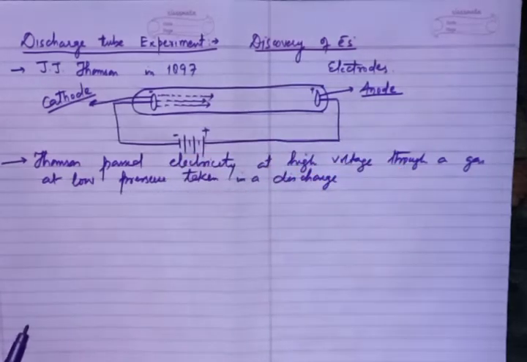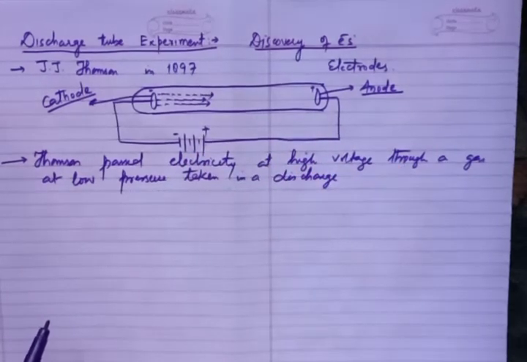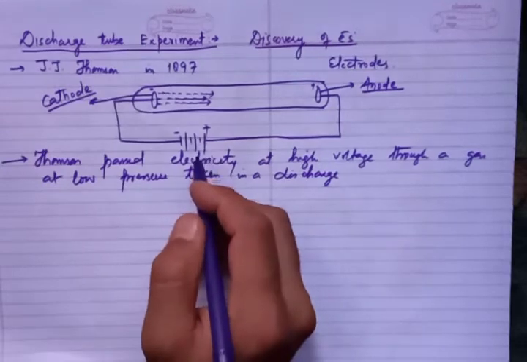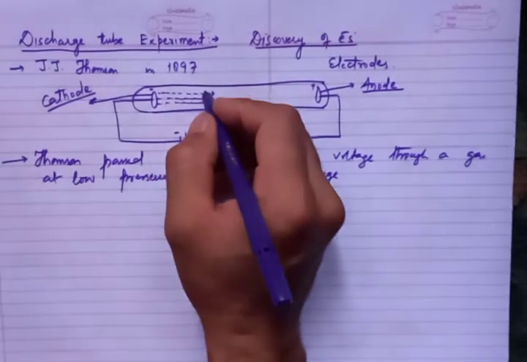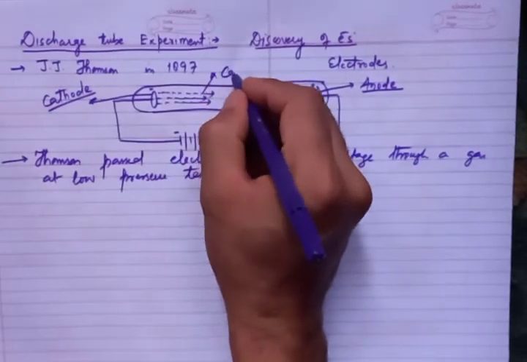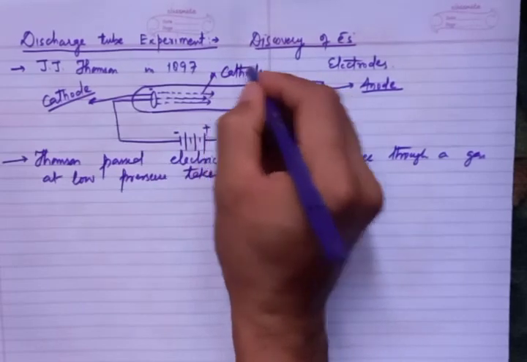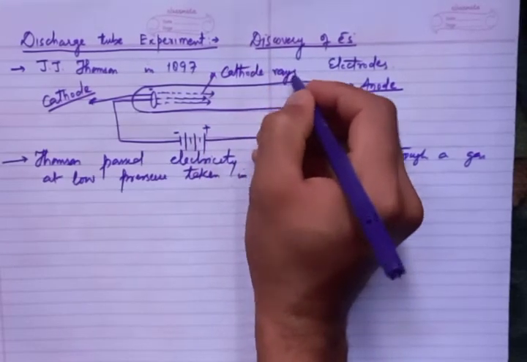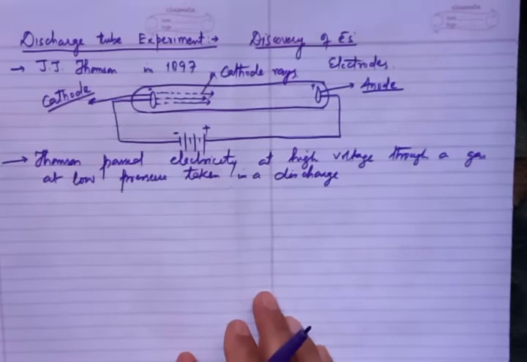These streams of particles given out by the cathode are called cathode rays. इसीलिए इनको कहा गया है cathode rays, because they emerged from the cathode.